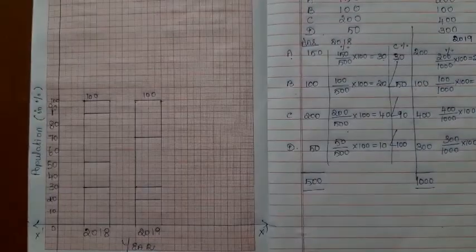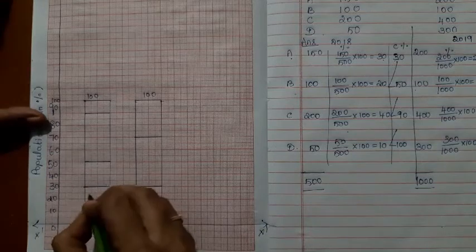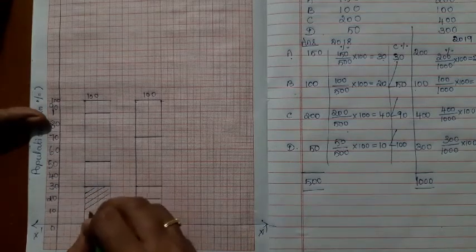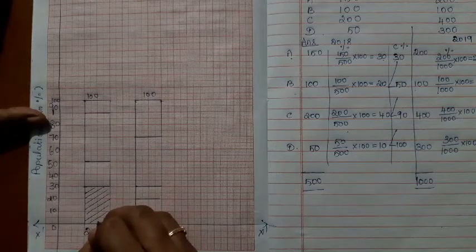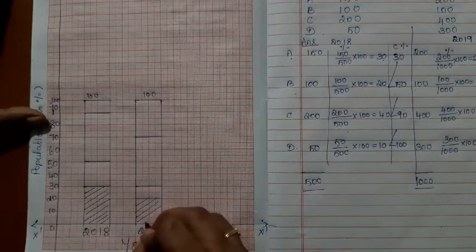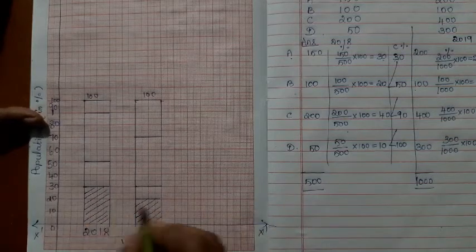Now you should write the scale, a title and index. First let me think of an index. I use this shade for A. In a bird's eye view, any reader can understand by means of this indices.